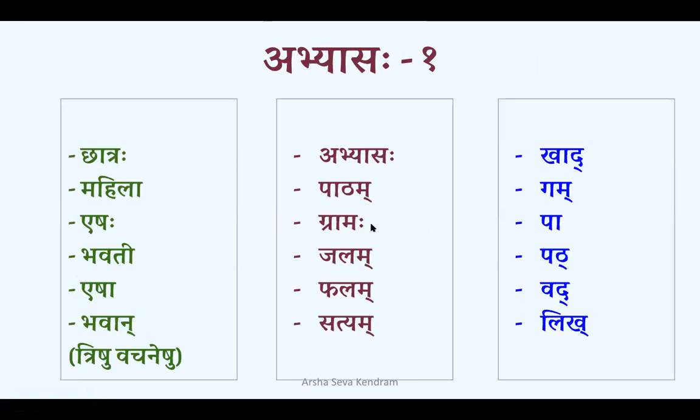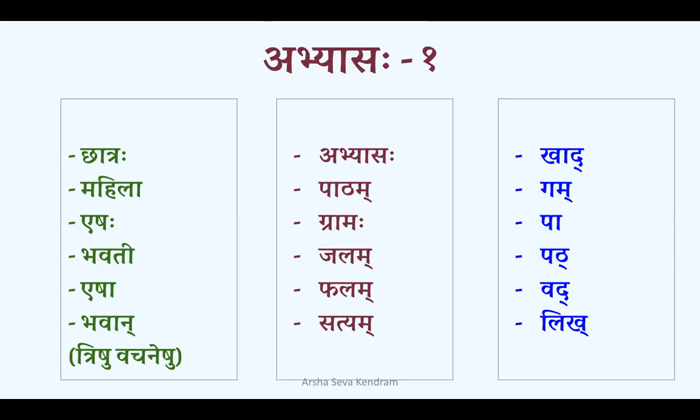So, Chhatraha abhyasam likhatu. May the student write the exercise. Let the student write the abhyasa. Let him please write the abhyasa. But if you are talking directly to the student and saying you better write the exam, that is an order: Hey Chhatra, Bhavan abhyasam likhatu.